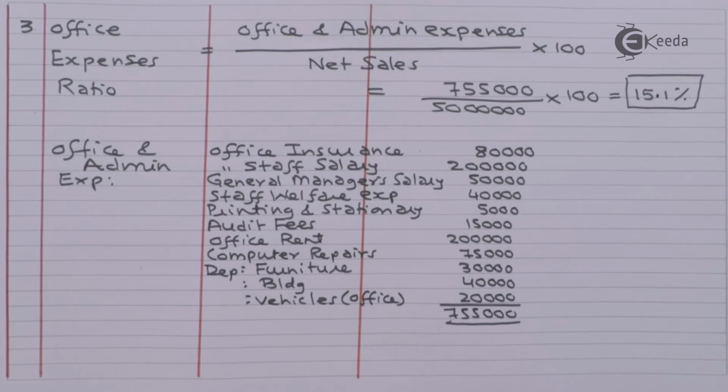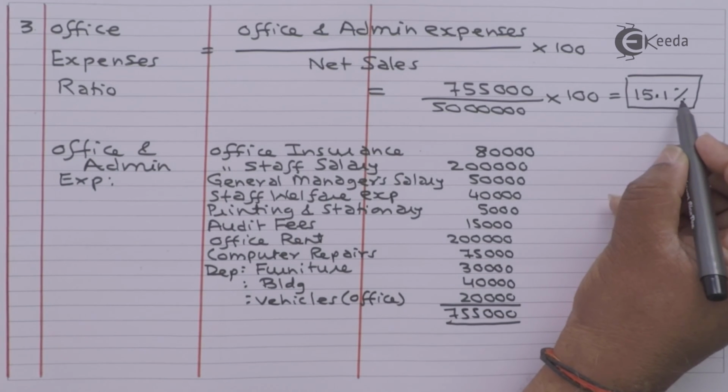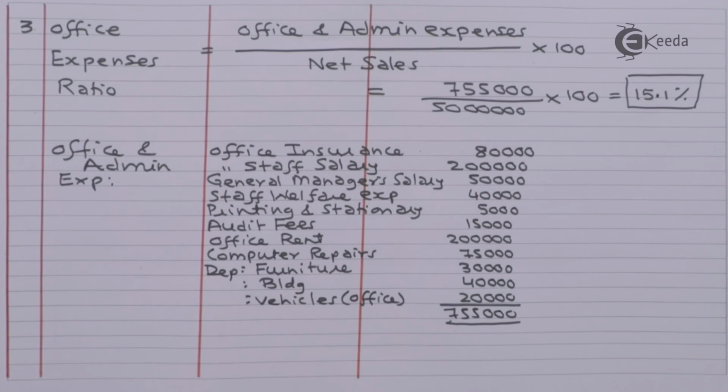So we got here the ratio 15.1%, office expense ratio.